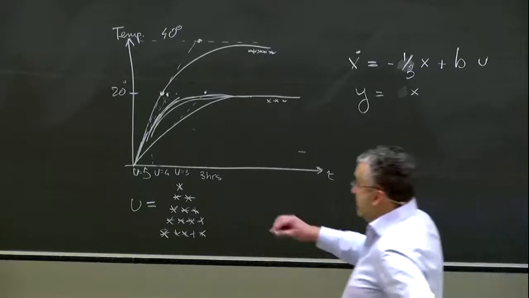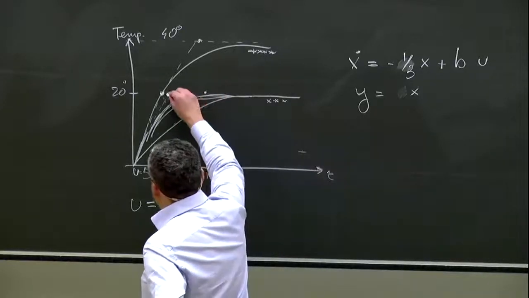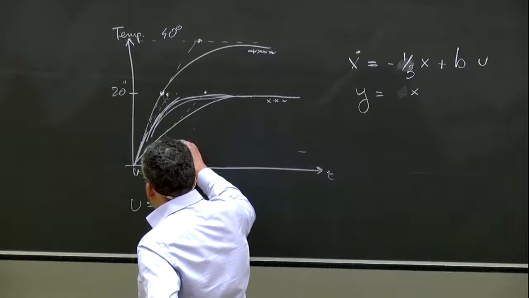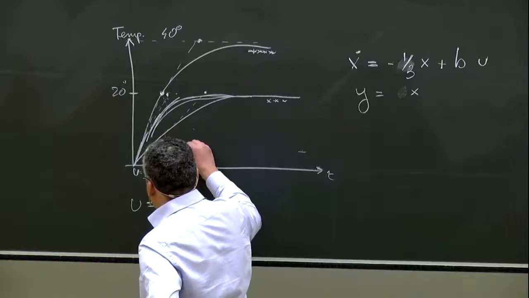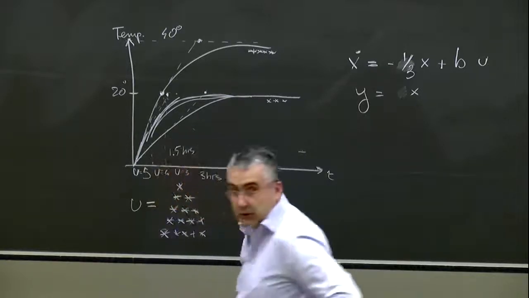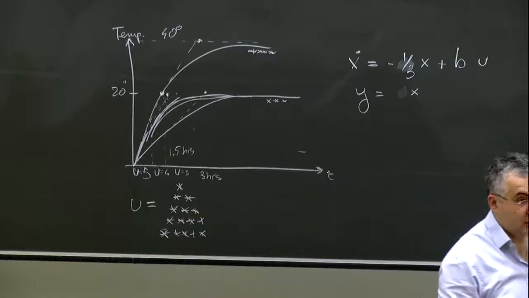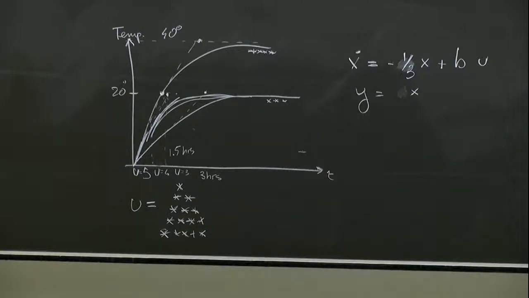Now let's say that this is now, okay, say 1.5 hours, right? So then what happened to your time constant? It went from 1/3 to 1/1.5.